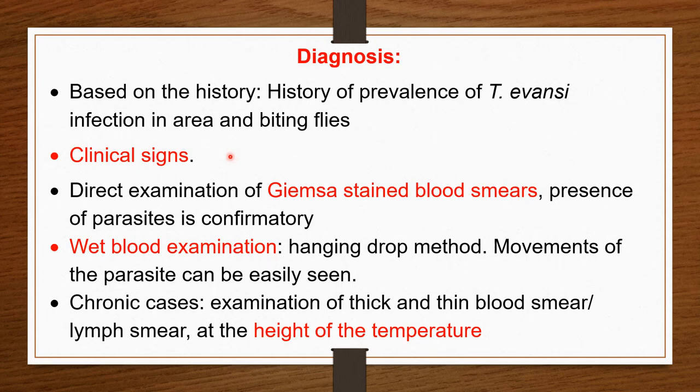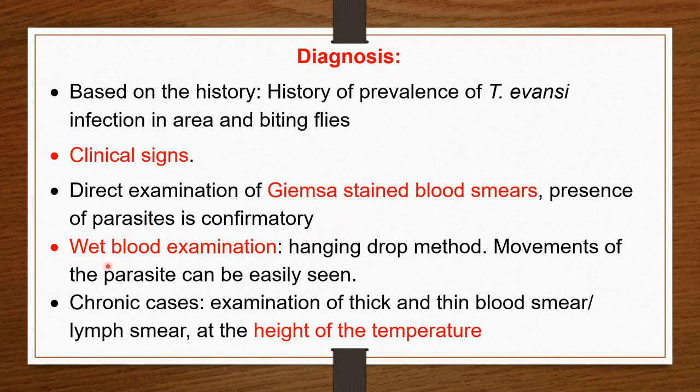The important and confirmatory diagnosis is direct examination of a Giemsa stained blood smear. The clinician can see the tryps in the smear. Presence of the parasite is confirmatory.